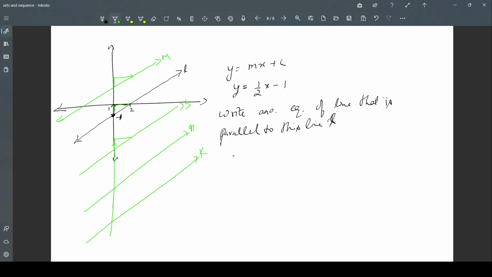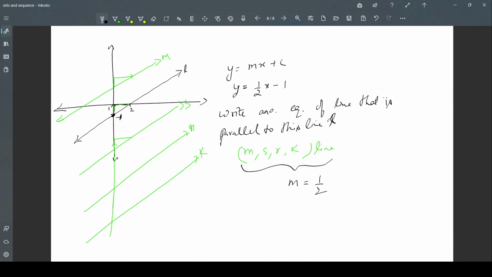The magnitude or gradient of lines M, S, R, K, that is what I meant actually, that is m. For all these lines, m equals what? 1 by 2, because line L also has 1 by 2 as the gradient or magnitude.